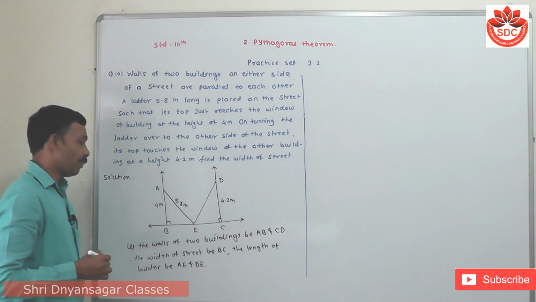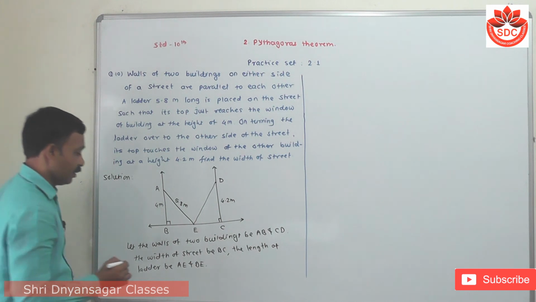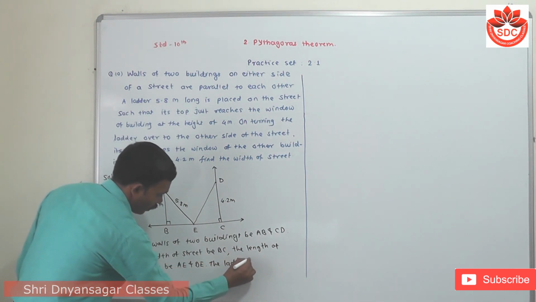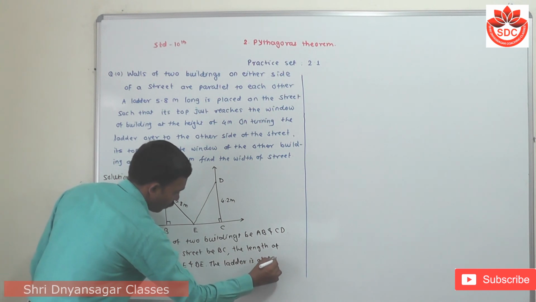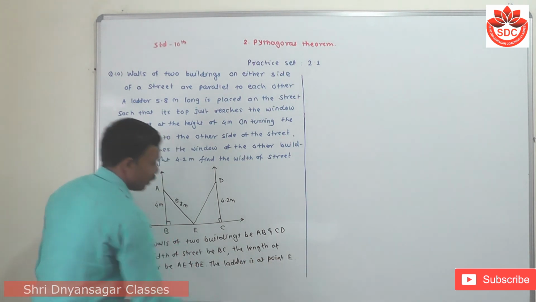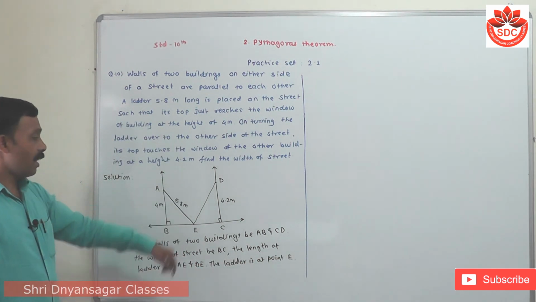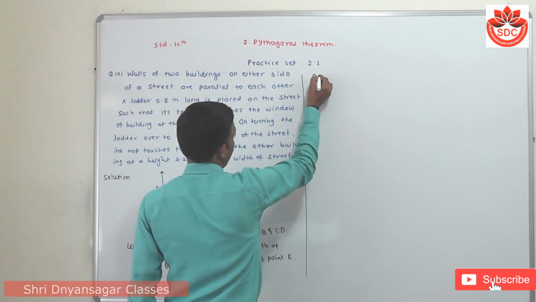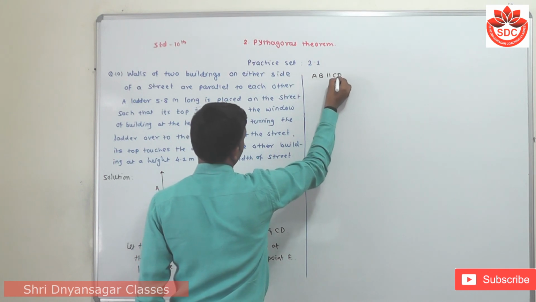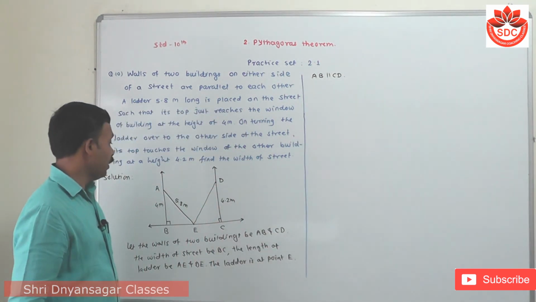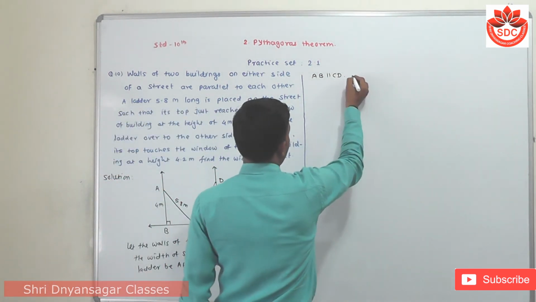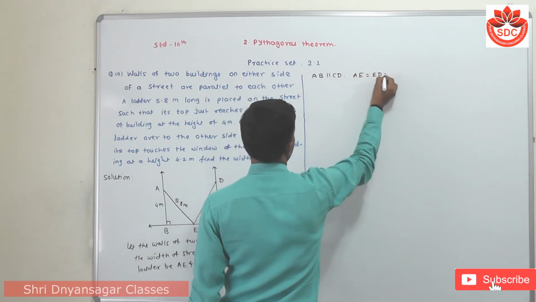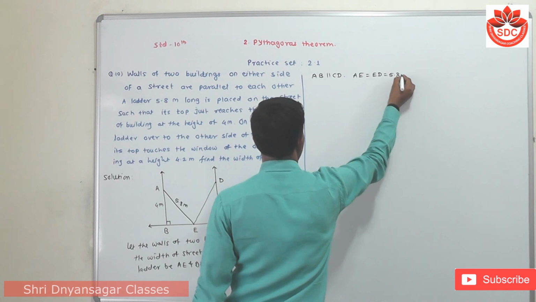Now the ladder is at point E. Now AB is parallel with CD. Then AE is equal to ED is equal to 5.8 meter.